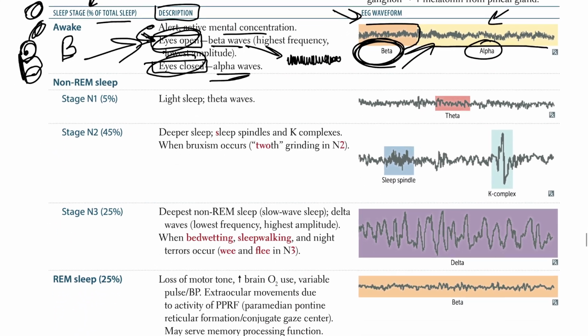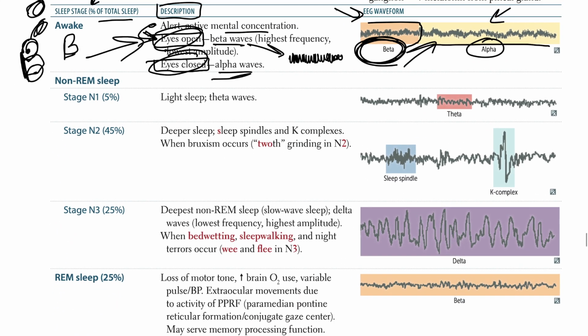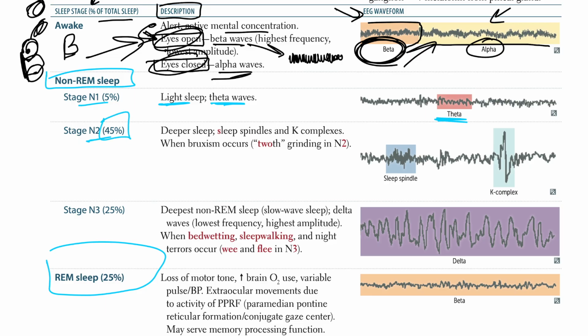Now let's look at more important stuff, which is the non-REM sleep. The REM sleep is going to come up as well. In non-REM sleep, you have the stages. Stage N1 is about 5%, which is light sleep, theta waves. N2 is about 45%.